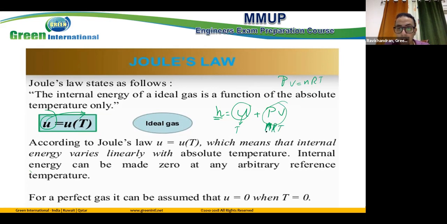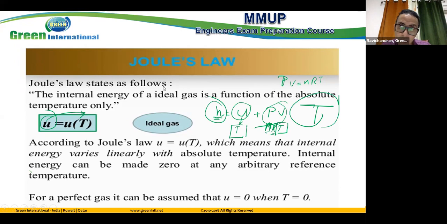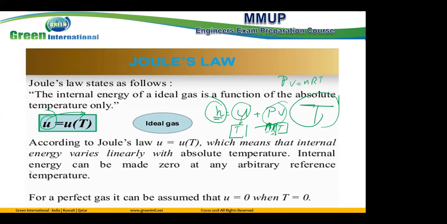If you consider the number of moles constant, and R is constant, then this term is a function of what? Temperature. So enthalpy is by default a function of temperature only, same as internal energy. Internal energy is a function of temperature only, and also enthalpy is a function of temperature only. Clear?